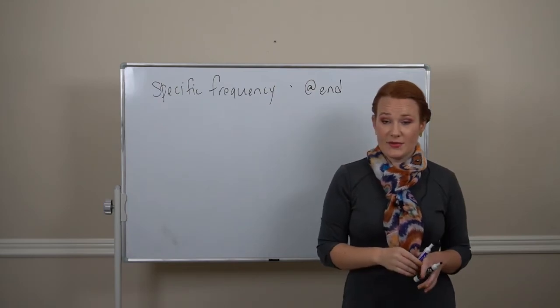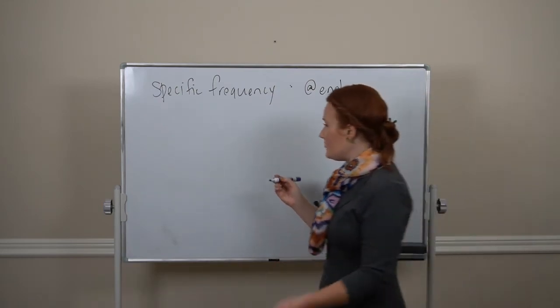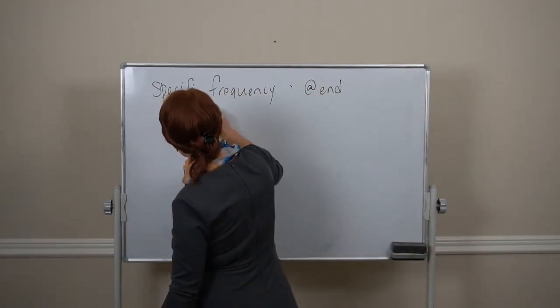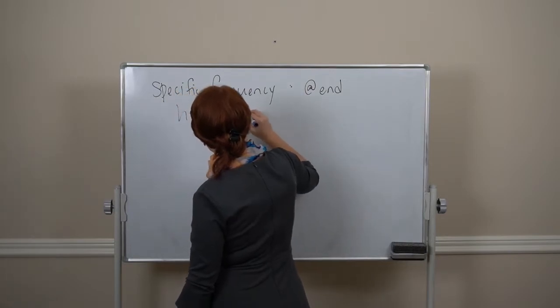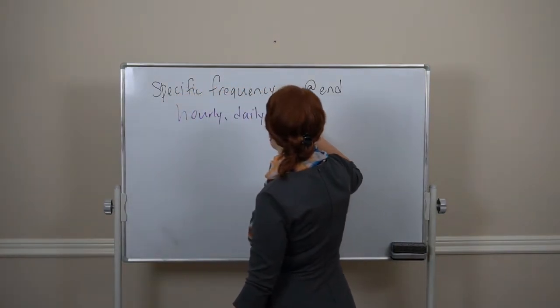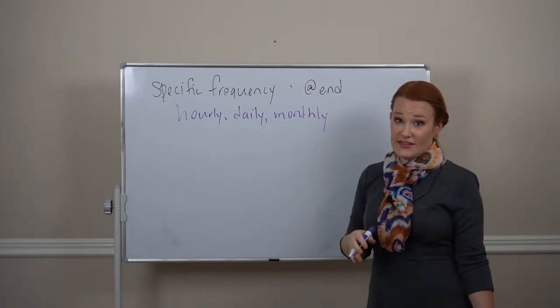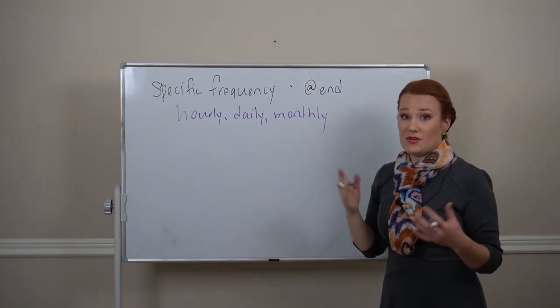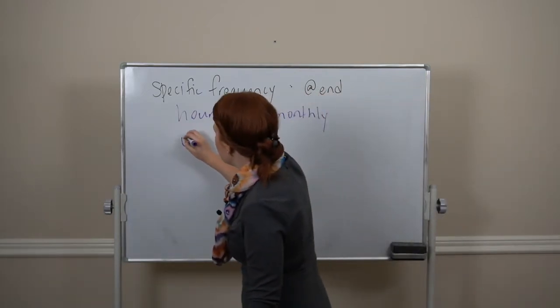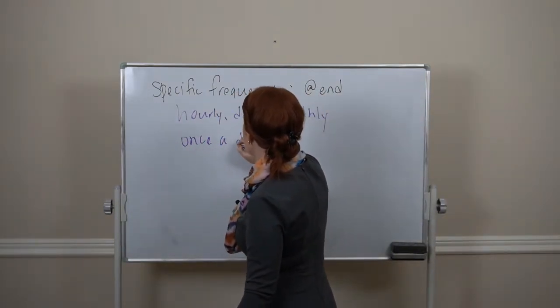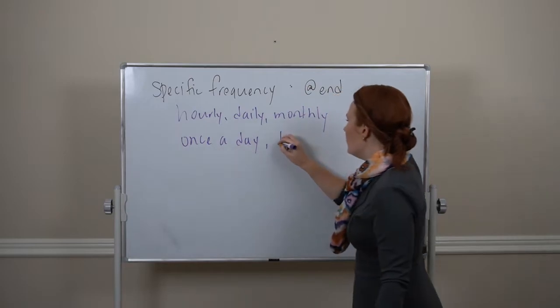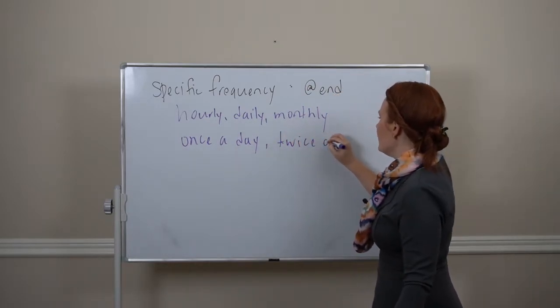So, for example, hourly, daily, monthly. These will go at the end of the sentence. If you want to be more specific, I could say once a day or twice a month.